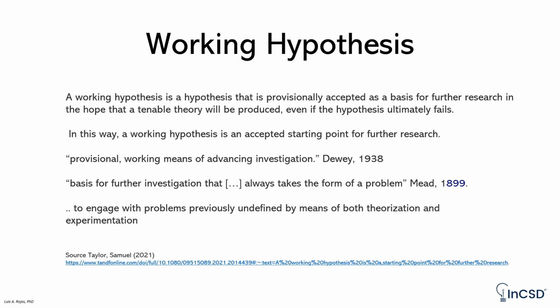In this way, a working hypothesis is an accepted starting point. In essence, the working hypothesis is used to engage with problems previously undefined by means of both theorization and experimentation. I recommend checking out the link below for further details, from Samuel Taylor, a publication from 2021.